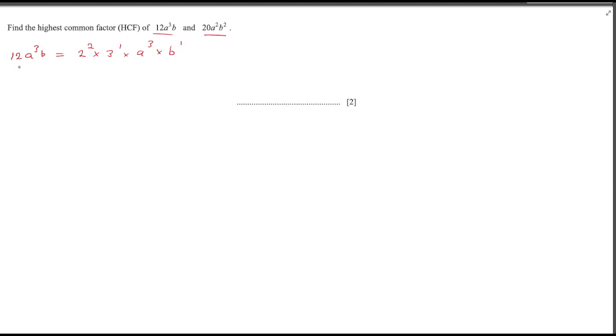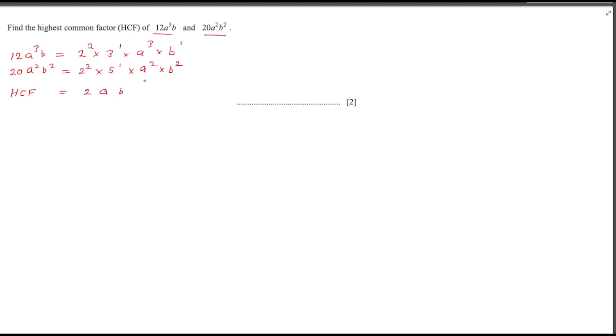And this 20a square b square, this 20 we can write as 4 times 5, that is 2 times 2 is 4, and 5 times 1, then a square and b square. Now, if I am able to write my numbers like this, then to find out HCF, we should first look for the common things, like here 2 is common, a is common, and b is common.